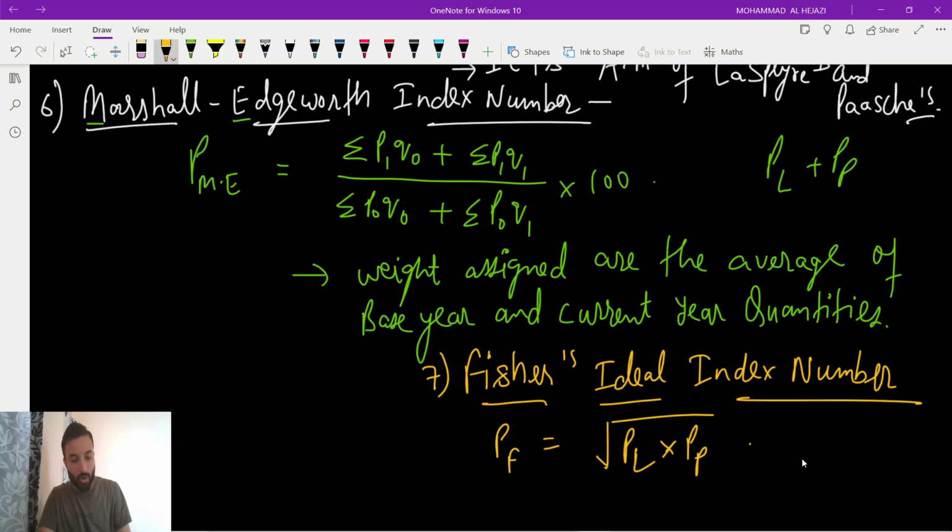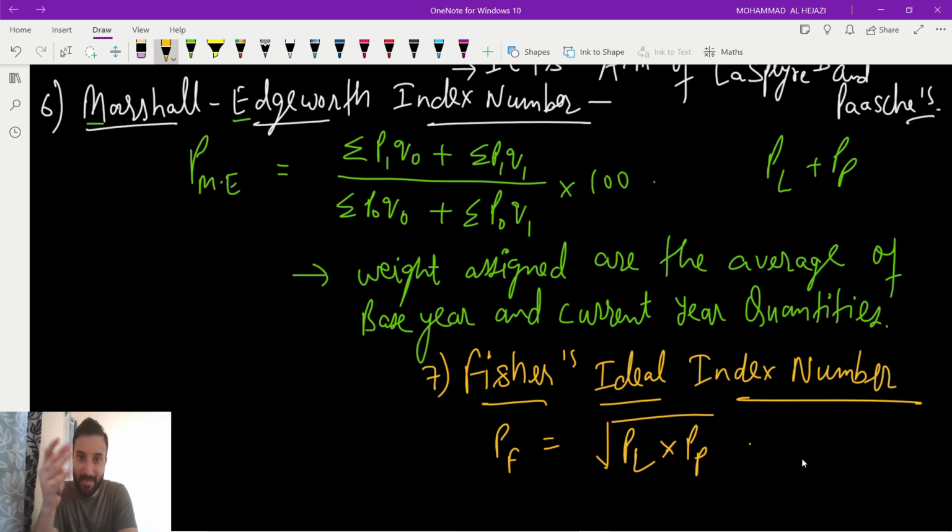For finding all these, what do we want? We want only Laspeyres and Paasche. If you know the formulas of PL and PP, you are able to find all the formulas. Dorbish is PL plus PP by 2.